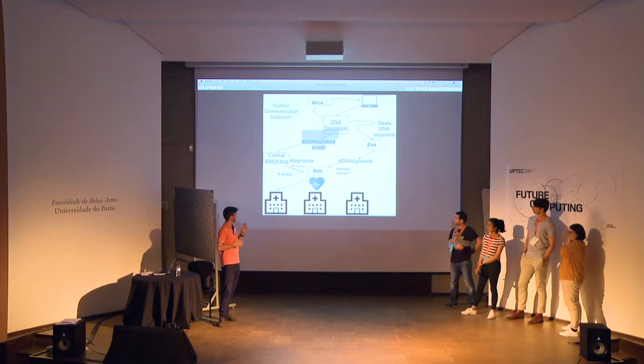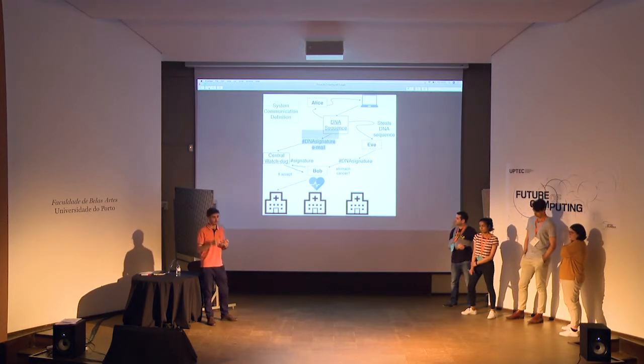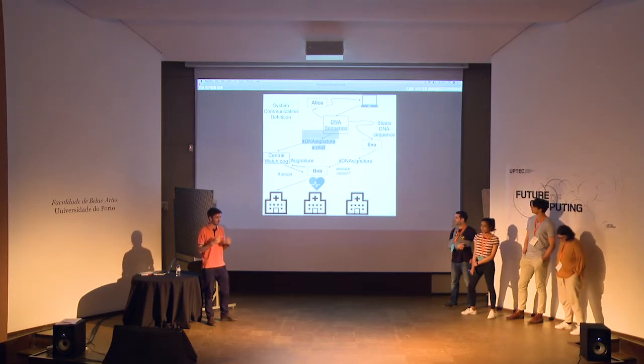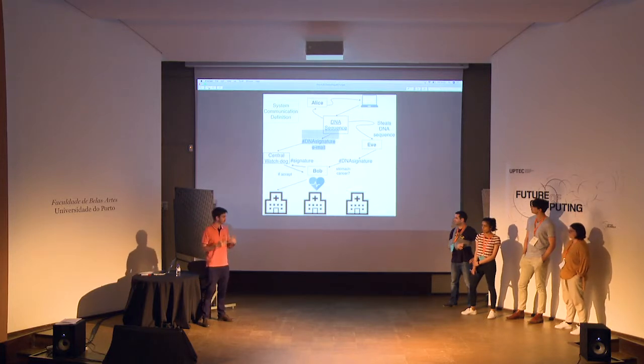The other model: some of us find that having a central agency with a database of minimally unique hashes of DNA is a disaster waiting to happen. So we proposed a separate, simpler model, which is not having it.